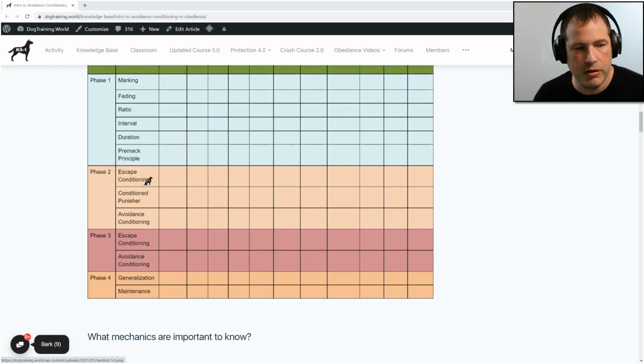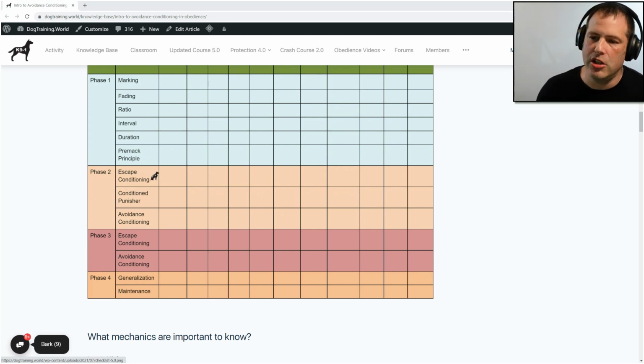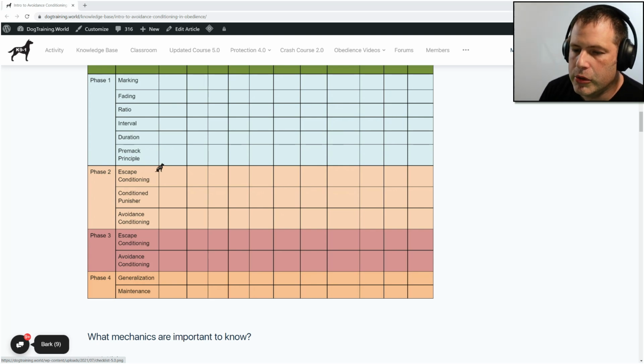And you also cannot do this. You cannot do anything that I'm teaching or demonstrating if you do not understand escape conditioning and do escape conditioning lessons with the dog first before you do the avoidance conditioning, and the same goes for the conditioned punisher. All right, it doesn't mean that someone cannot do avoidance conditioning.